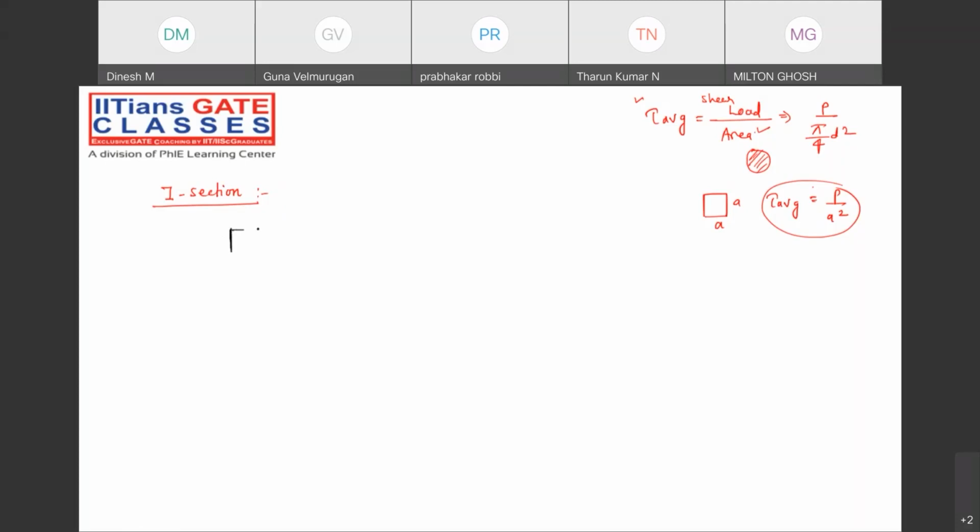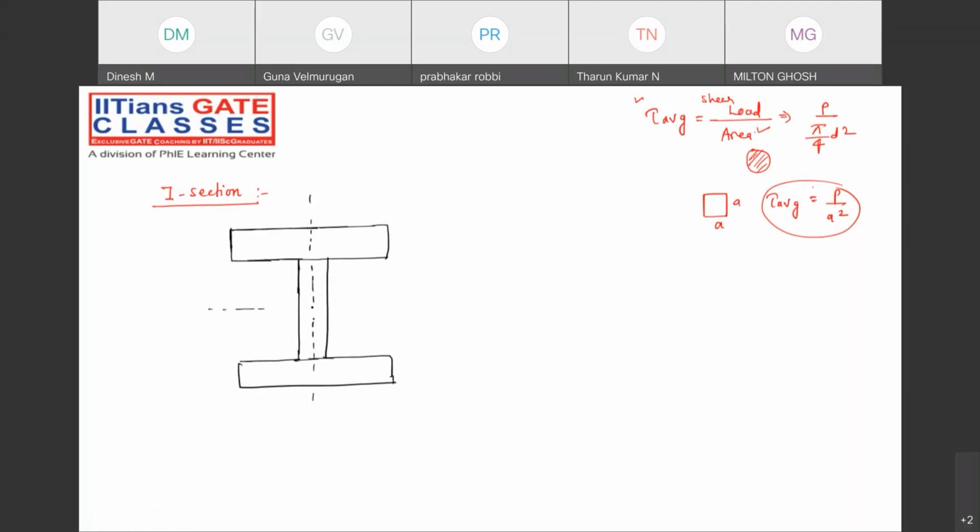if you just draw the I section, a symmetric I section I am drawing, which has a neutral axis exactly at the mid height of this I section length.